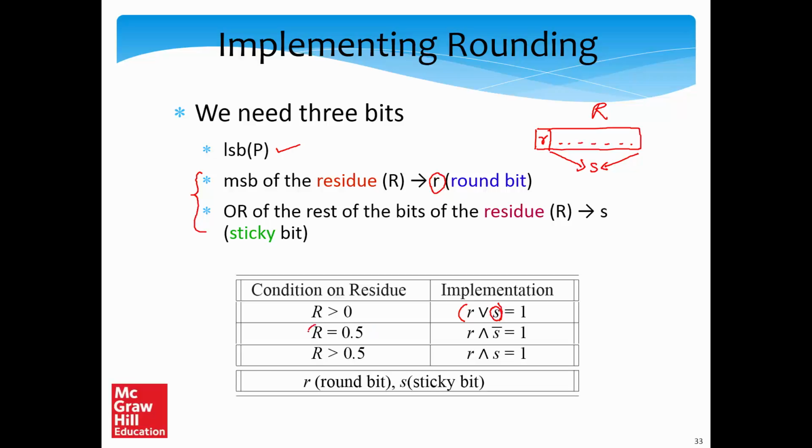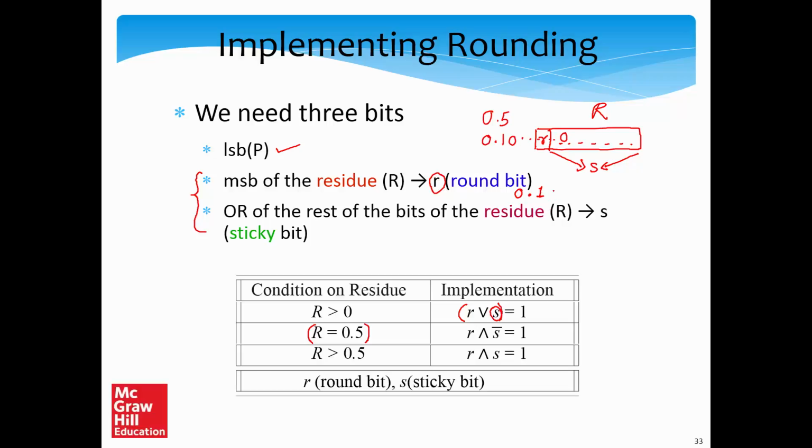Now let's consider one more case, where the residue is equal to 0.5. If the residue is equal to 0.5, it means that the round bit is 1, because it's less than 1, so we have 0 point here before it, which is implicit. What is the representation of 0.5 in binary? It is 0.10000.